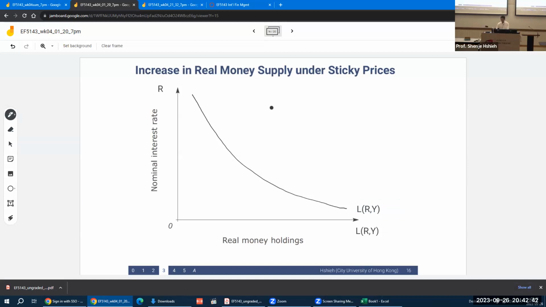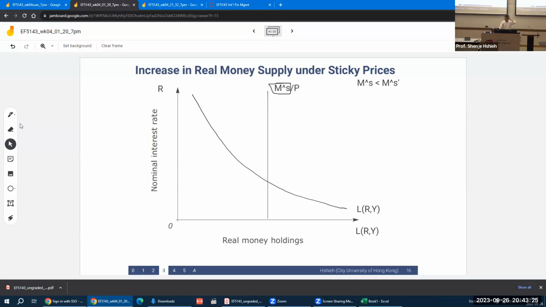And we have a money supply curve, which is just a vertical line, because the money supply can only be changed by one financial institution, which is the central bank of that country. Our analysis starts by increasing real money supply, and this is done through MS. So imagine we increased MS to MS prime, in which MS prime is greater than MS.